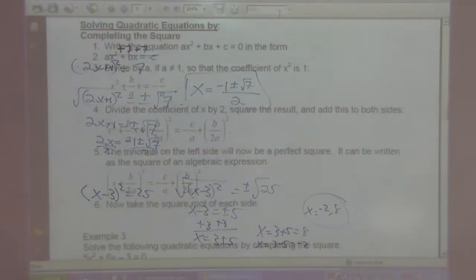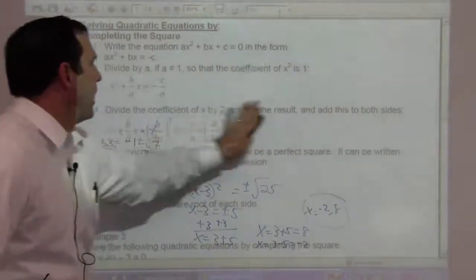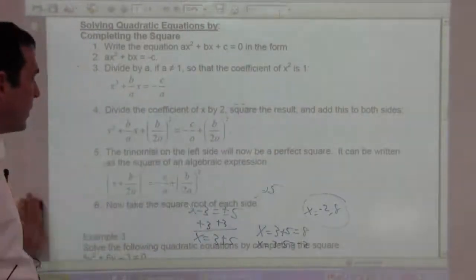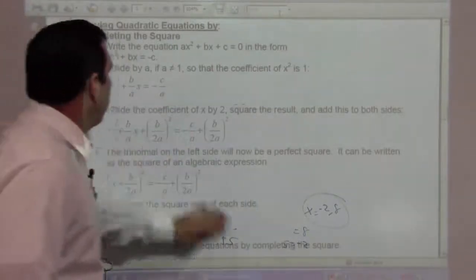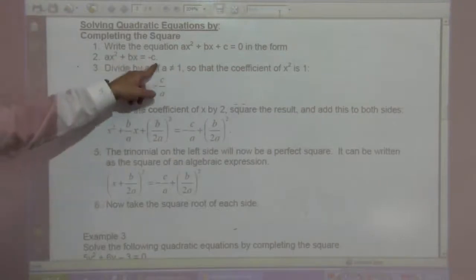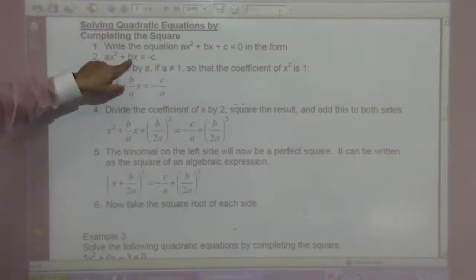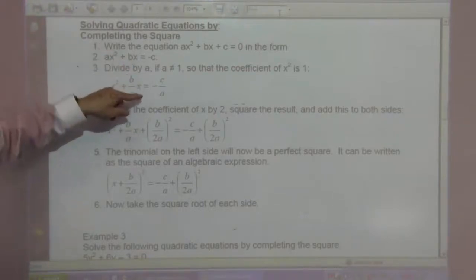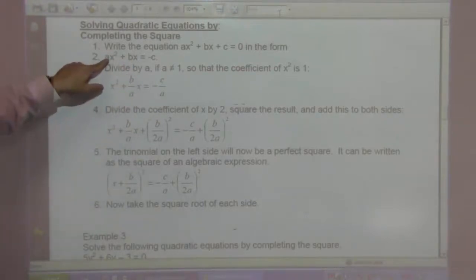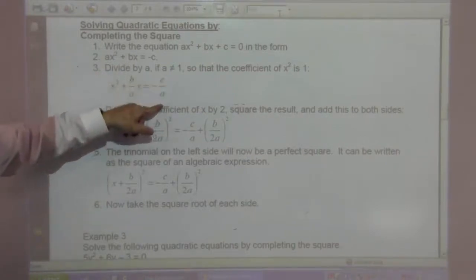Solving quadratic equations by completing the square. Write the equation ax squared plus bx plus c equals 0 in the form ax squared plus bx equals negative c. So we're going to make a perfect square trinomial here. We have a leading coefficient of a, so we've got to divide that through: x squared plus b over a x equals negative c over a.